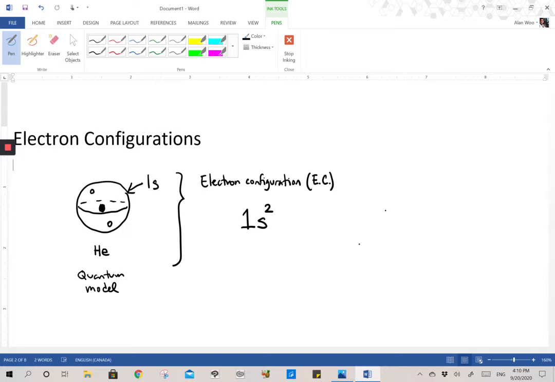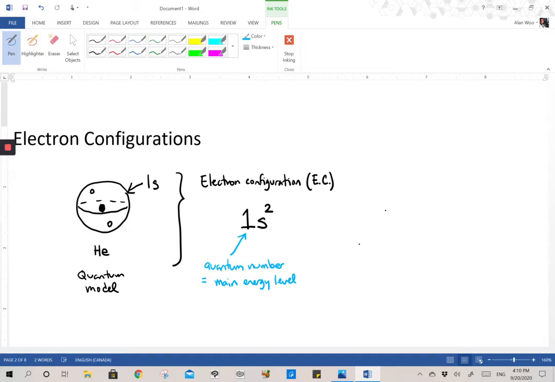So let's examine all the different parts of this. What do we actually have? Well, the number 1, the first large number, the coefficient in front of the letter, is always the quantum number. You guys know that the quantum number is basically the main energy level, or principal energy level, that this particular atom would have.